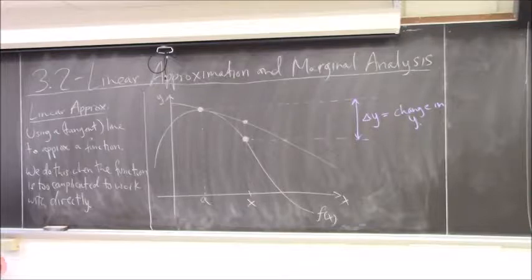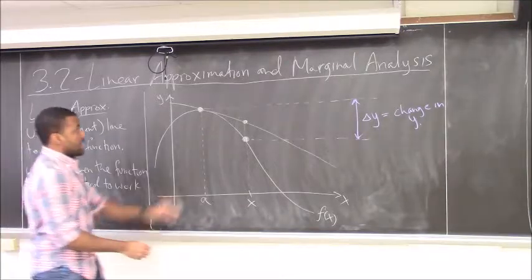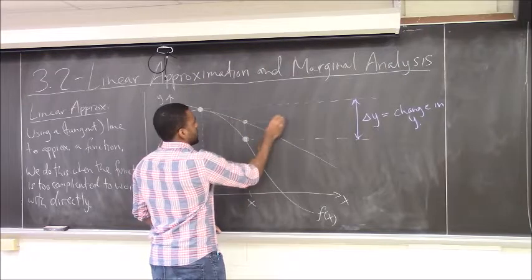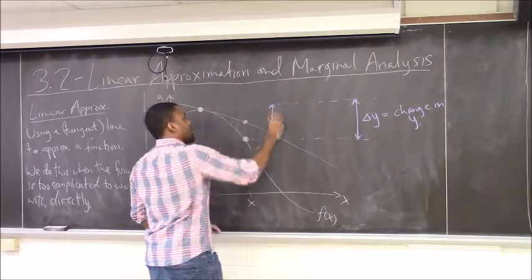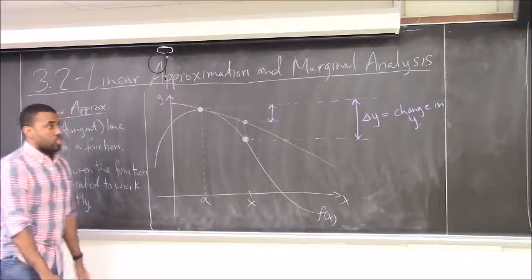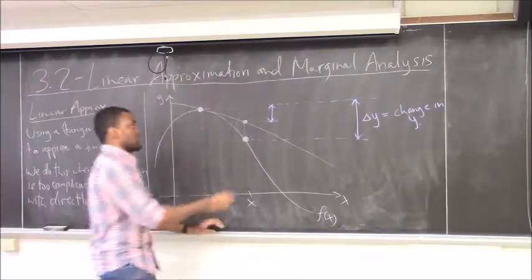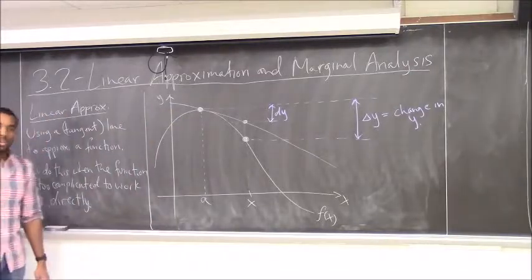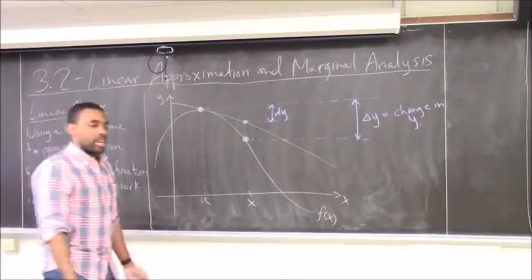And the difference between the tangent line value and the original y value, that distance here, the notation for that one is described by the derivative, sort of like your dy dx notation. It's called dy. That's the difference between the tangent line and the y value.